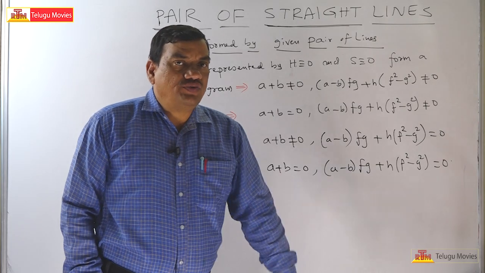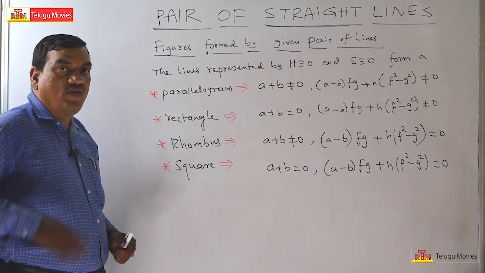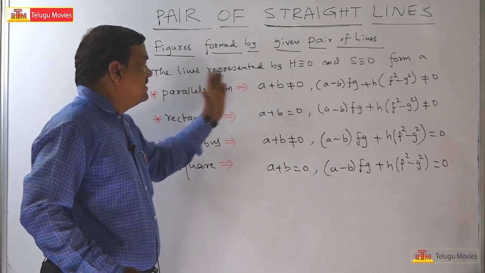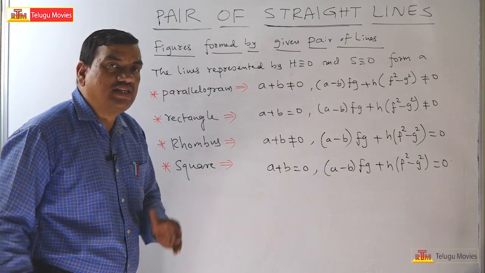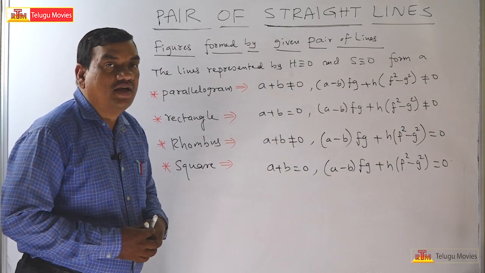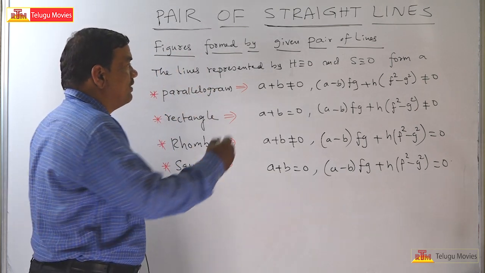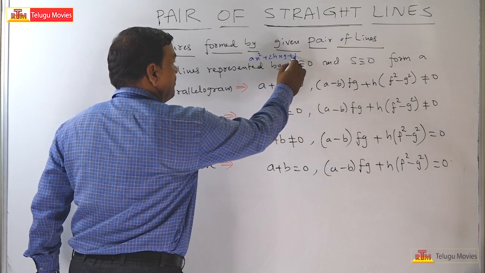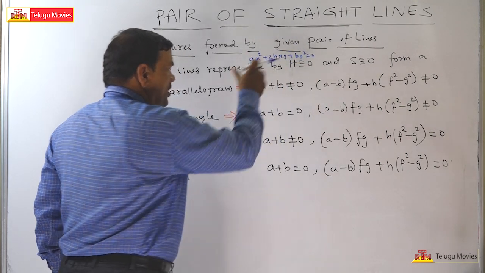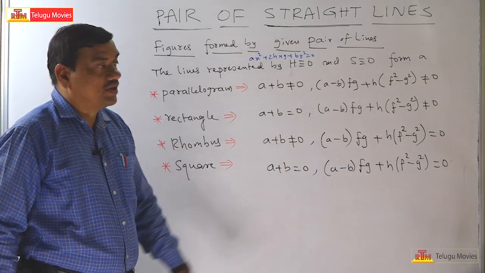Welcome to this concept. Figures formed by given pair of lines. The lines represented by H is equal to 0 and S is equal to 0. H is equal to 0 means AX square plus 2HXY plus BY square is equal to 0, a pair of lines passing through the origin.